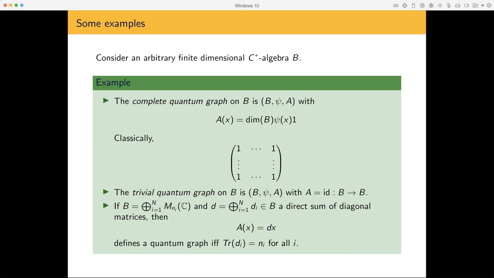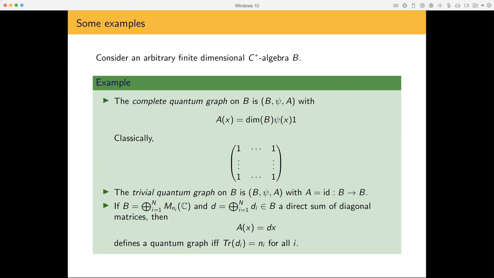However, what's probably not so clear at this point is how to think about these quantum adjacency matrices in general, and how to come up with examples, because this sure idempotent condition is a bit hard to decipher.